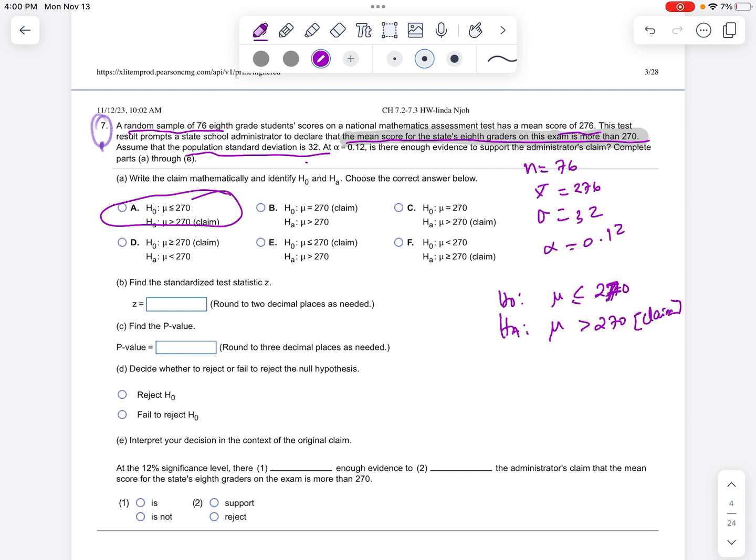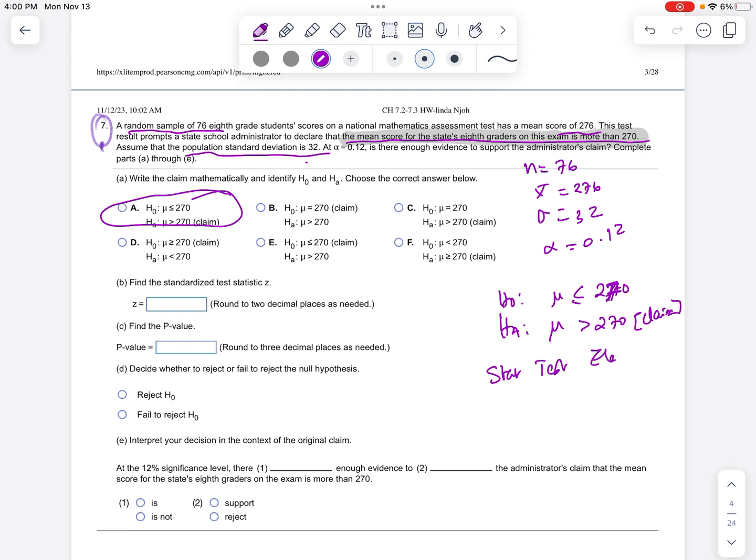Now, what's the z-stat? You're going to go to stat test, Z-test. I'm not going to do it for you guys. You put the information in.